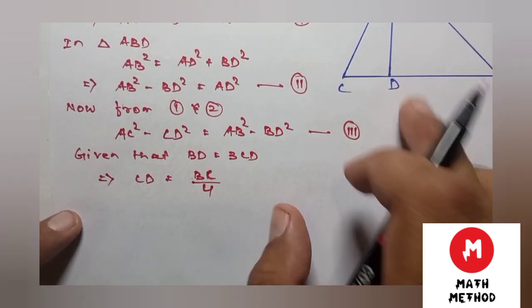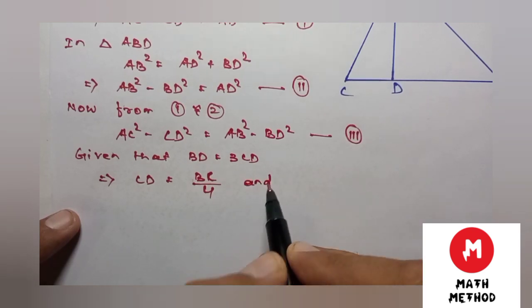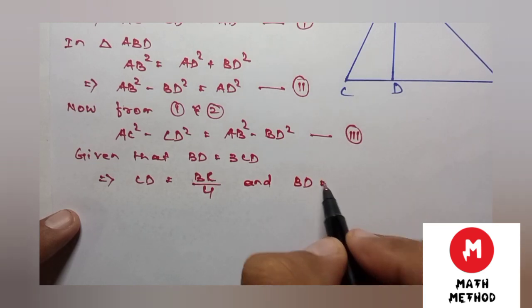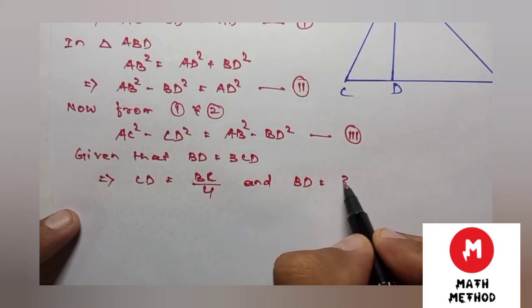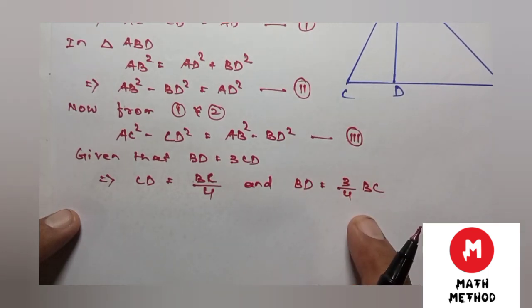Clear? Similarly BD will be 3/4 times BC. So this is 3BC by 4.